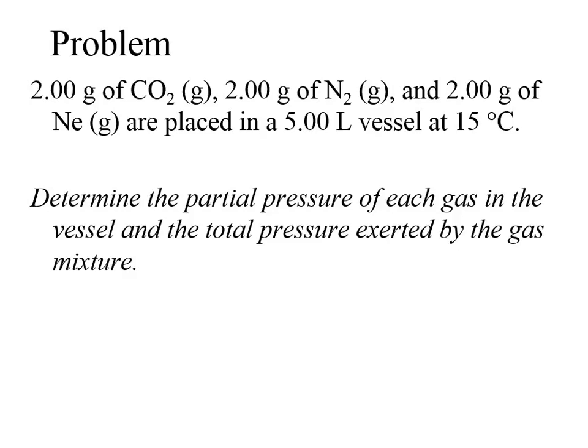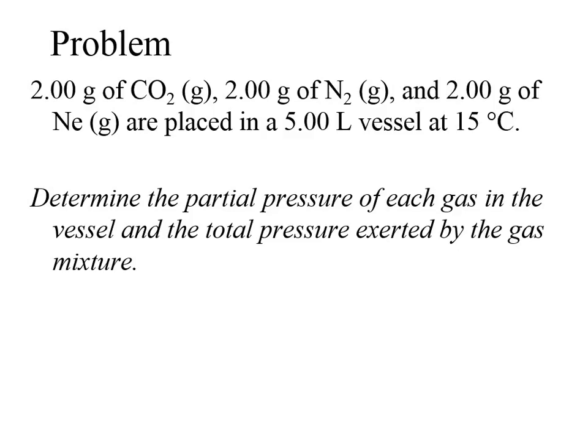So just looking at it, what I'm going to tell you to do is let's go for the total pressure using total pressure. So let's see, PV is equal to nRT. I always have to write it this way and rearrange it. So the total pressure is equal to the total number of moles times R times T divided by the volume. Okay? We can do that.